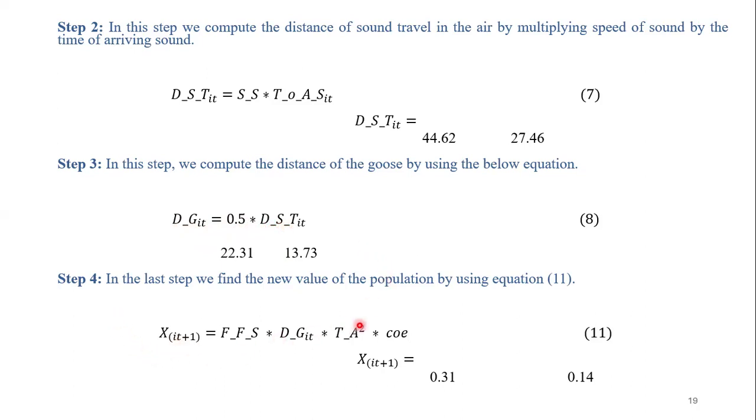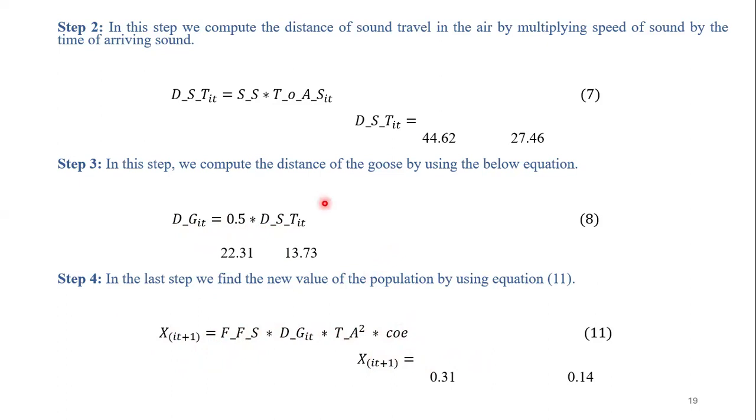And then this is how we update the value according to the conditions and parameters that we have. So this is finding the position of the second goose for the next iteration.